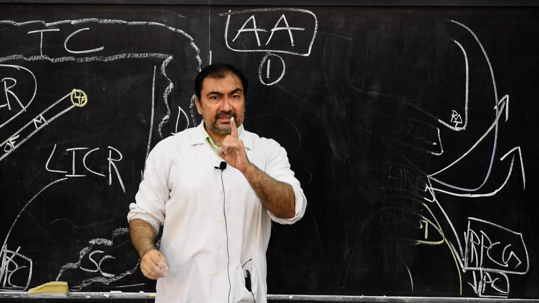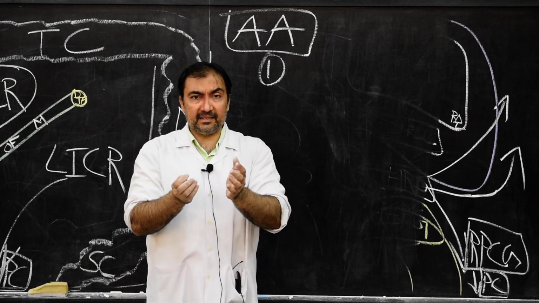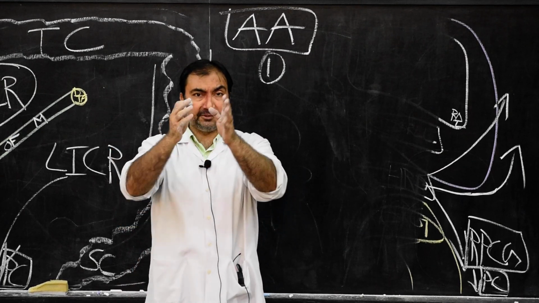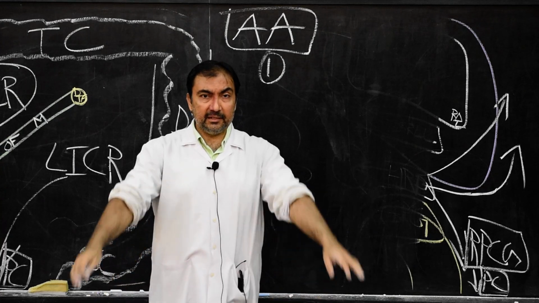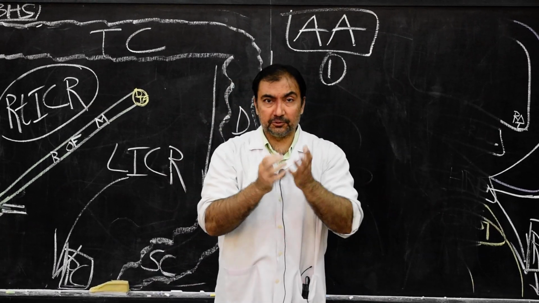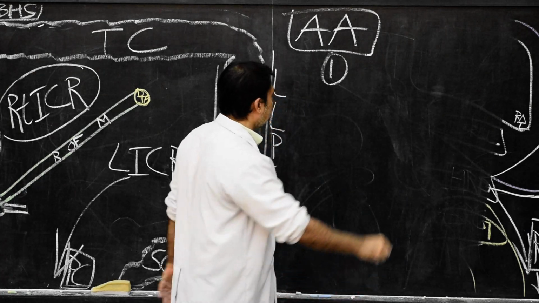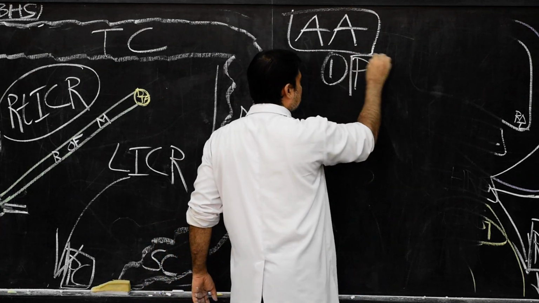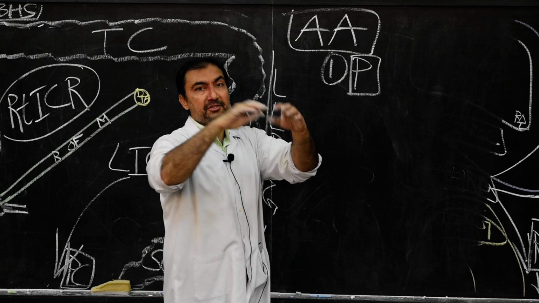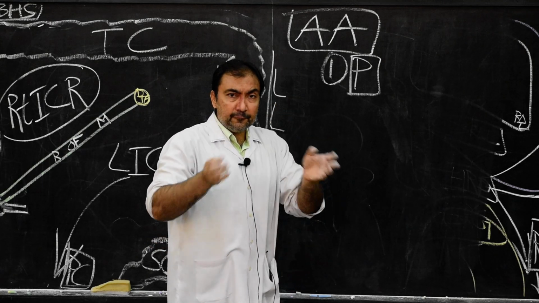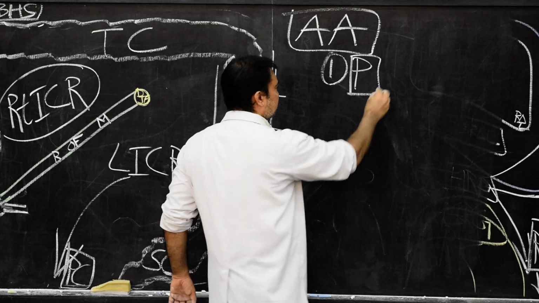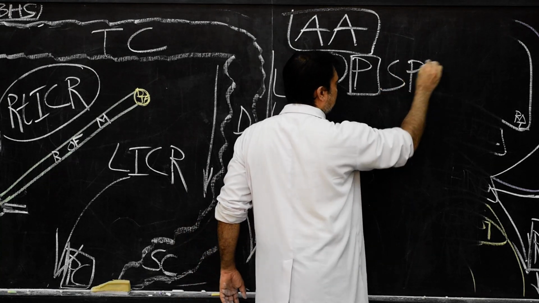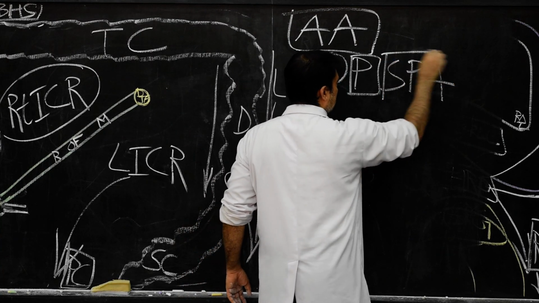any pus collection within any of the subphrenic spaces will lead to distension of those spaces, and therefore it will be known as subphrenic abscess.